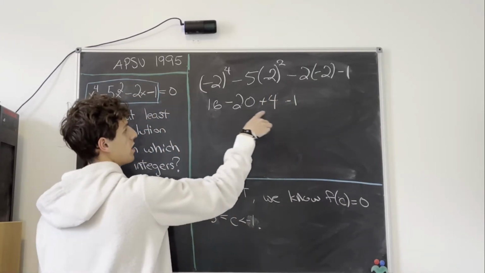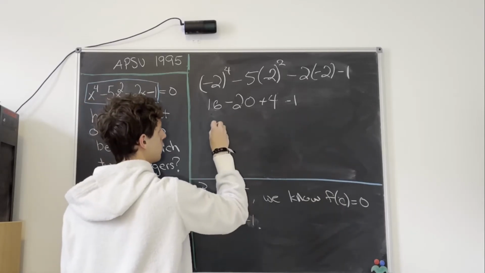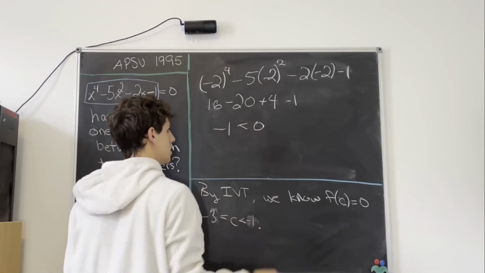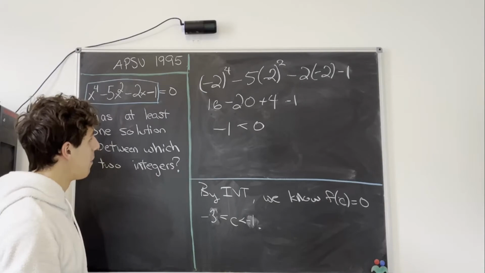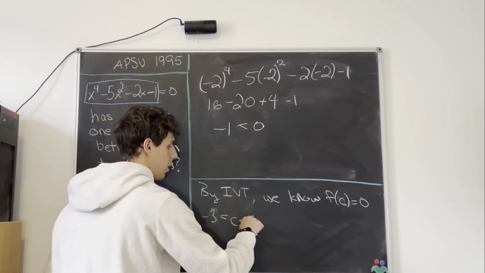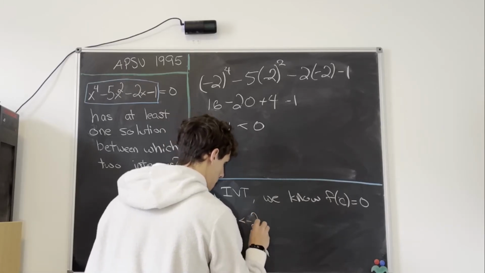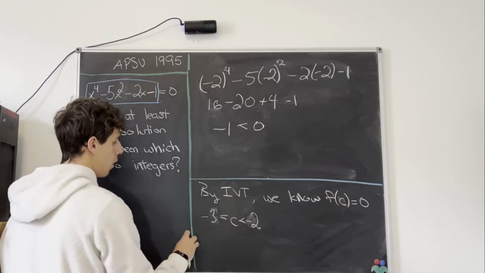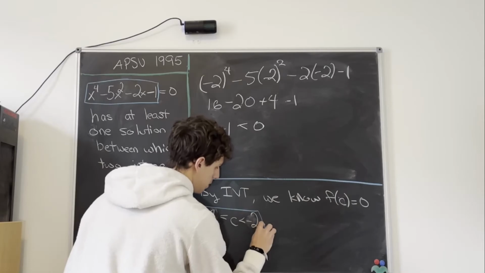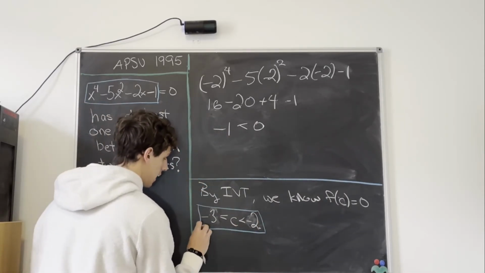So we get 20 here, -20 here, and minus 1, so this is going to be -1, which is less than 0. That means we can take our range from -1 and replace that with a -2. So we know that c must be between -3 and -2.